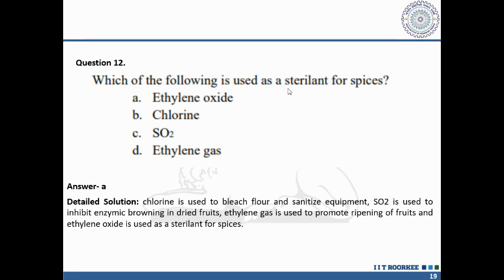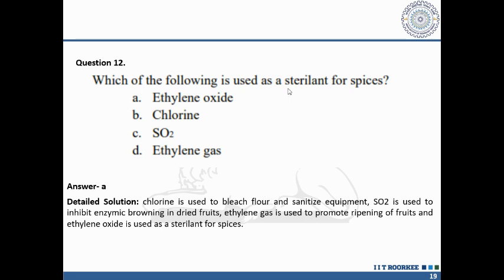And ethylene gas is used to promote ripening, for example in banana or mango, to accelerate the ripening process. But ethylene oxide is used as a sterilant for the spices.